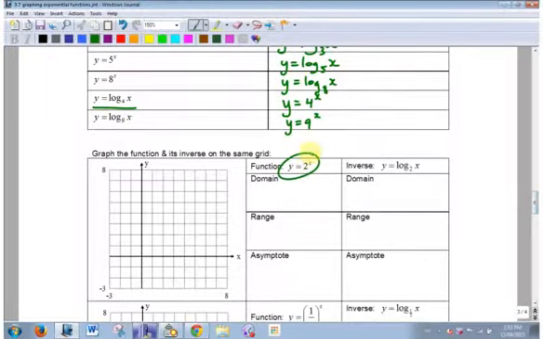So let's graph that for the, I don't know, 4th time. 1/8, 1/4, 1/2, 1, 2, 4. Oh, it's 8. Okay.